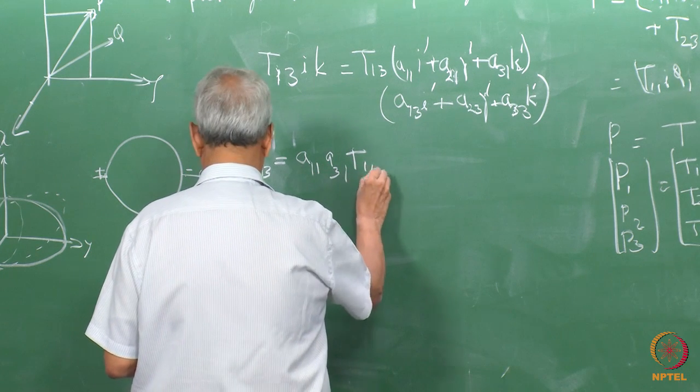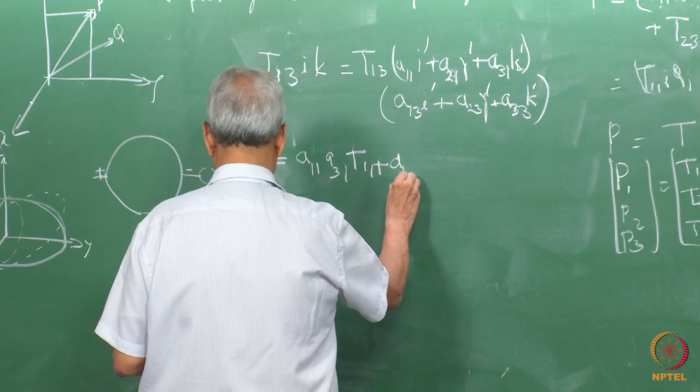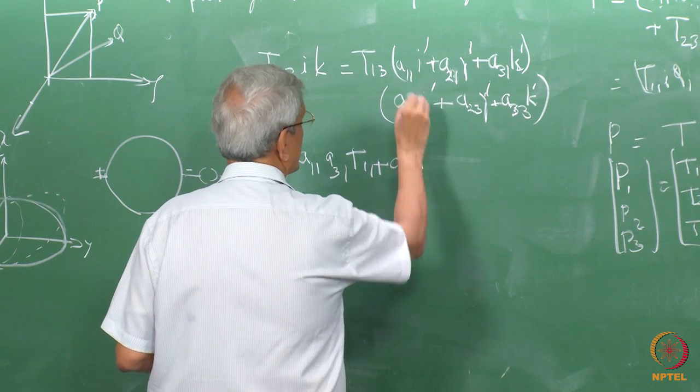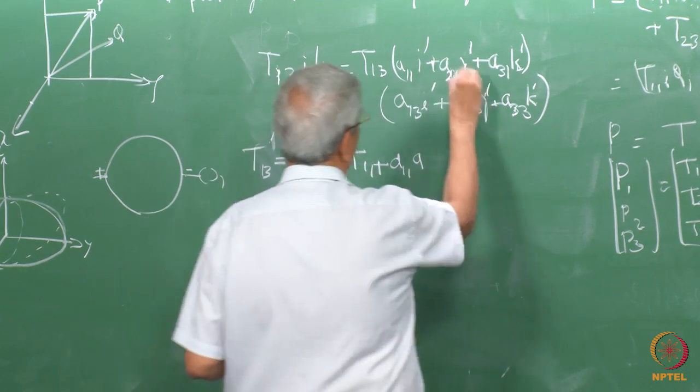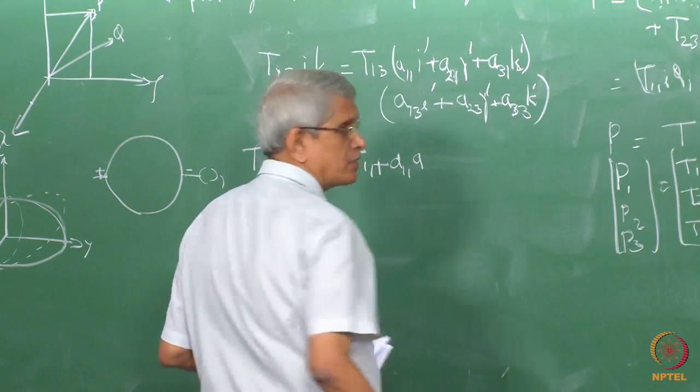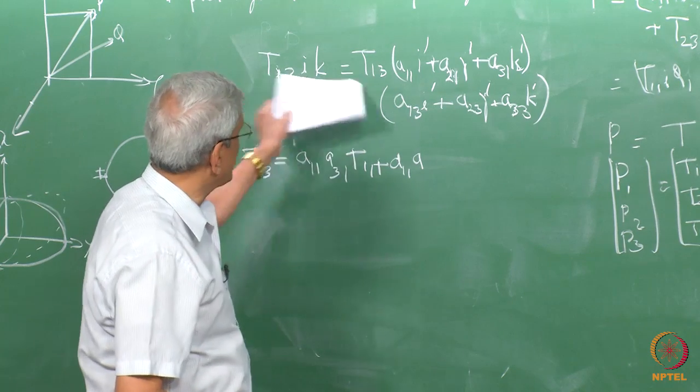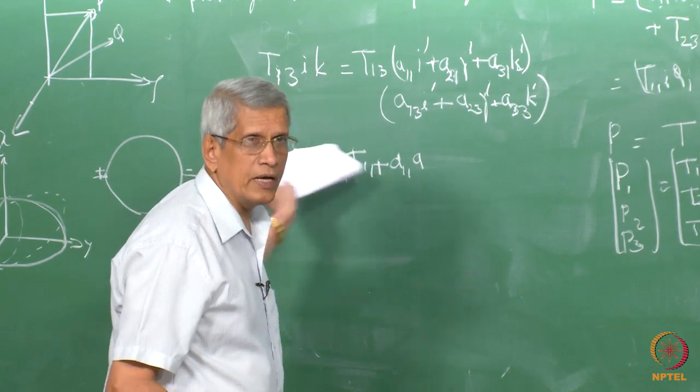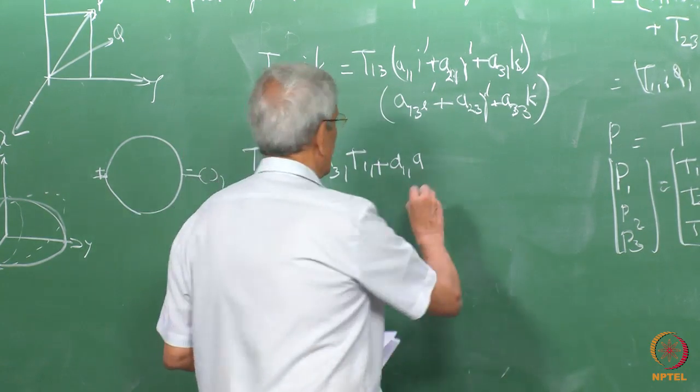A31 T11, because here we are taking the product. When we take it, some of the terms will remain and the other terms will go. So we are only taking that ik, we are leaving the rest out.